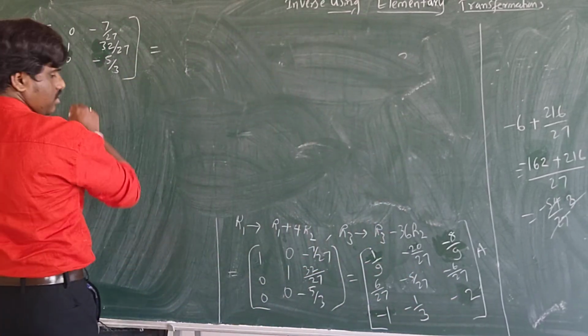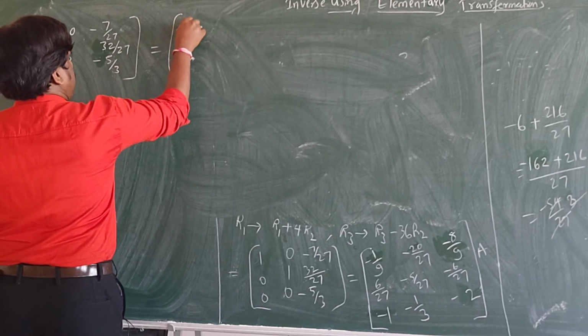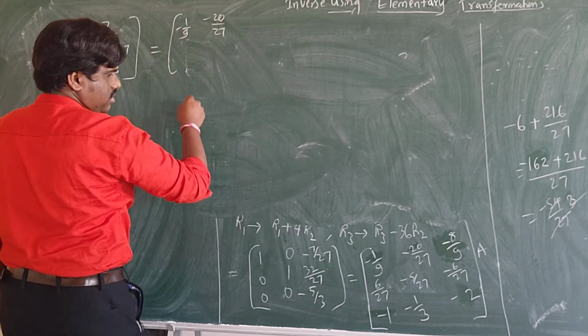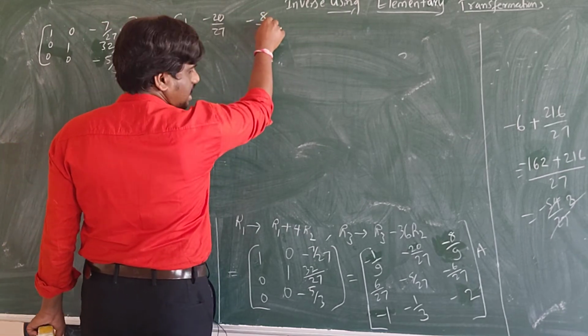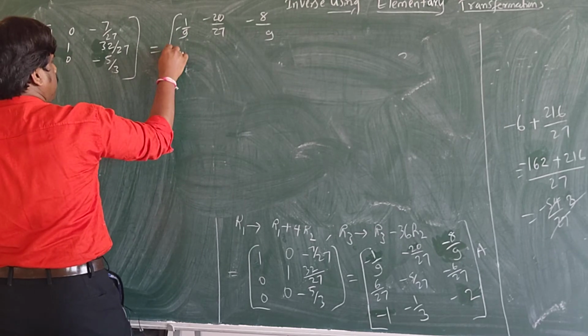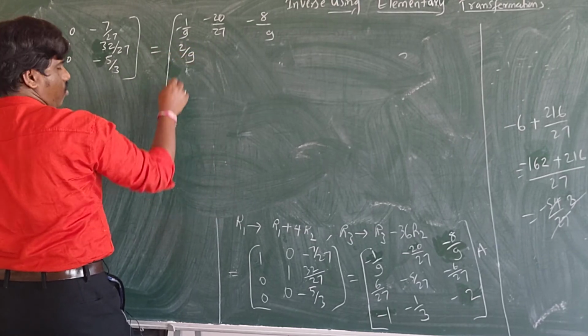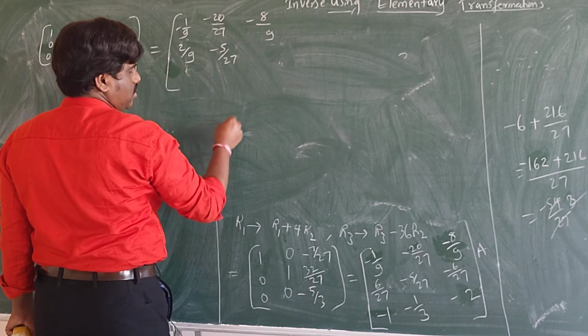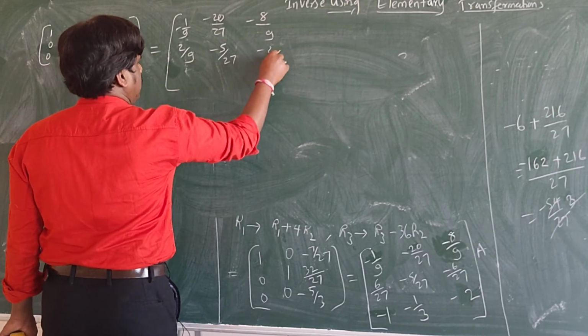How much? Minus 1 by 9, minus 20 by 27, minus 8 by 9, 6 by 27, minus 2 by 9, minus 5 by 27, minus 2 by 9, correct?